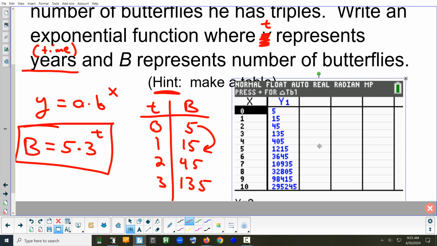Look what happens after just 10 years. After 10 years, that's almost 300,000 butterflies from just one person. If this was happening with butterflies all over the place, that would be a problem. But that realistically wouldn't happen because butterflies would be dying as they're also being born, so it would balance out.